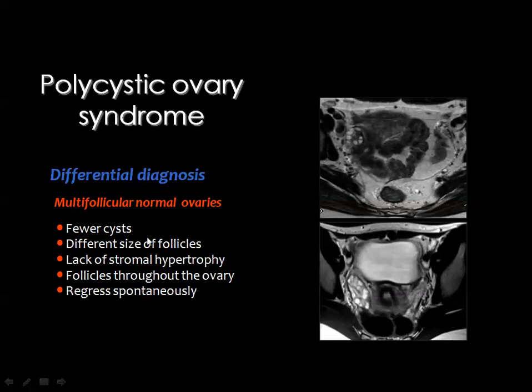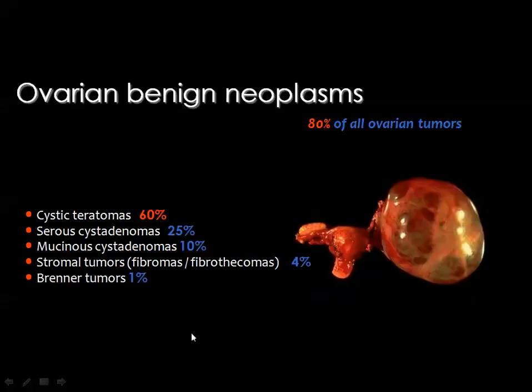In the normal ovaries, the cysts are fewer. They are of different sizes, small, medium-sized and large follicles. There is a lack of stromal hypertrophy, the follicles are distributed throughout the ovary, and the follicles regress spontaneously. These follicles do not regress.